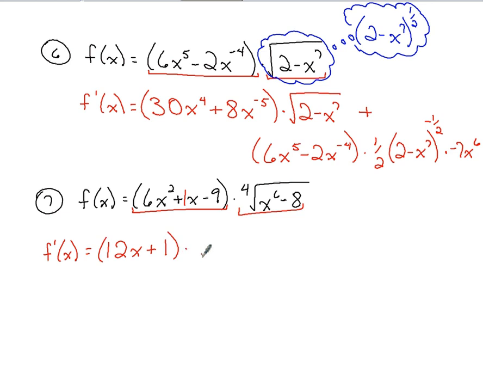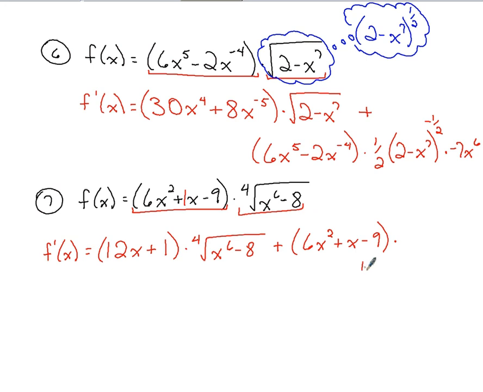Continuing with the product rule, we tack on the second part as is. We add the first part as is times the derivative of the second. So understanding this second piece is x to the 6th minus 8, raised to the 1/4 power.